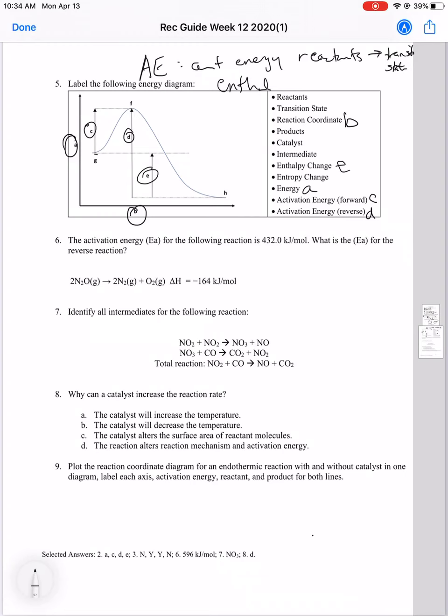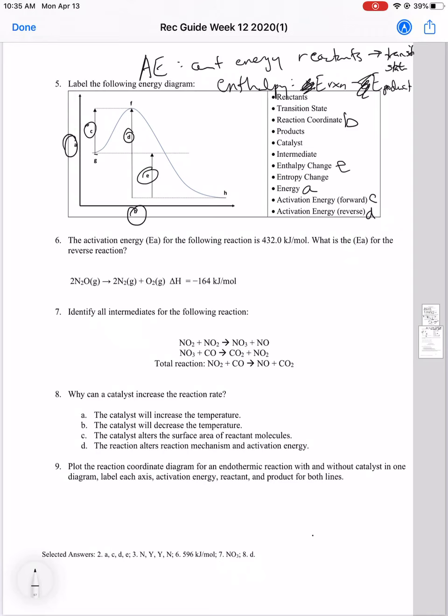I'm going to write that up here. So the change in energy between the reactants and the products.